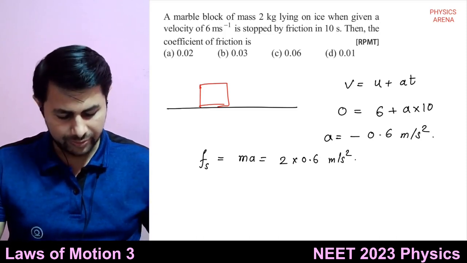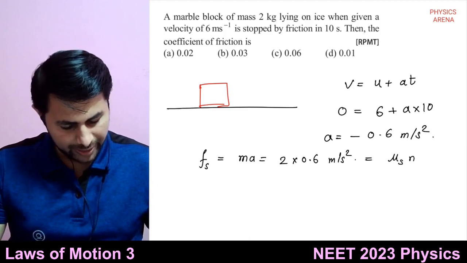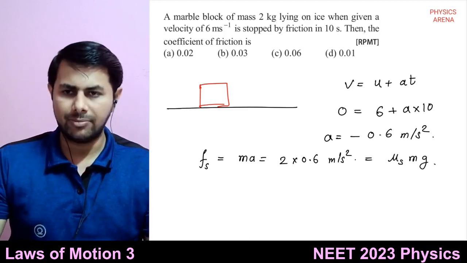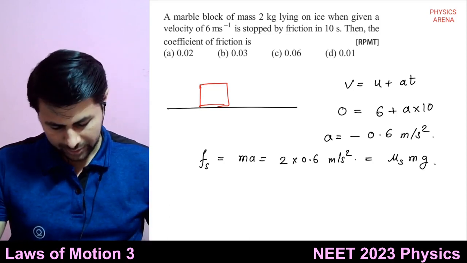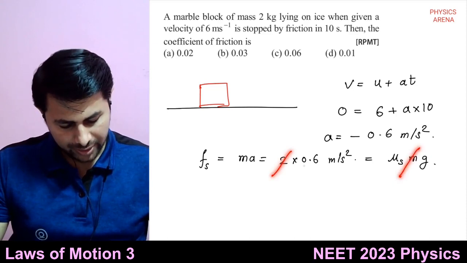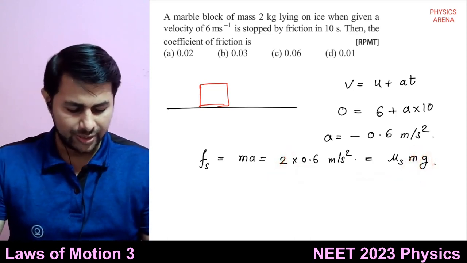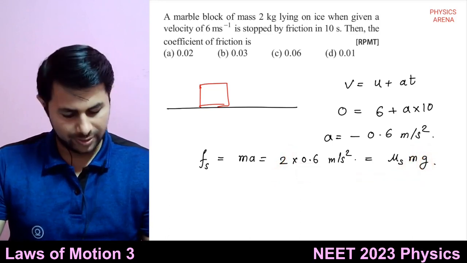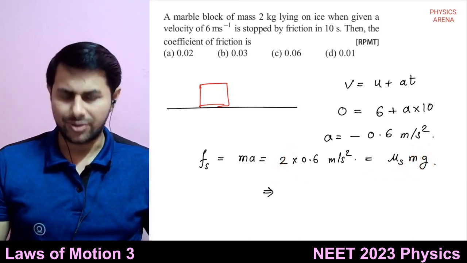And this is equal to what? Mu s multiplied by mg. So this 2 and m get cancelled out, and you can take the g on the other side. So what do you get? 0.06. So 0.06 will be the answer. Got it or not?